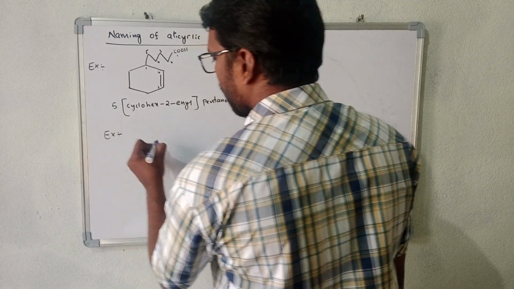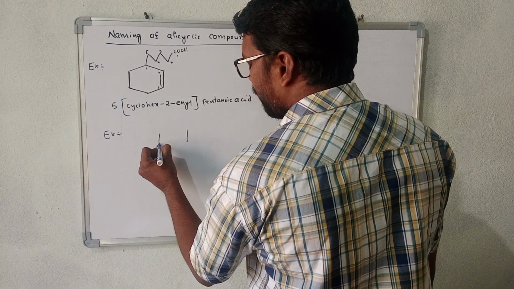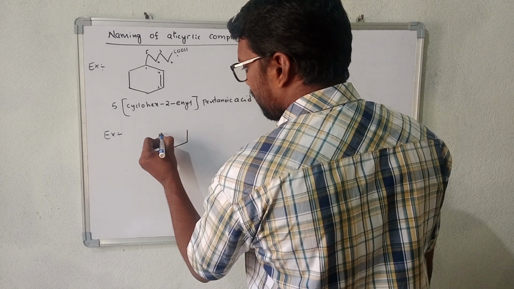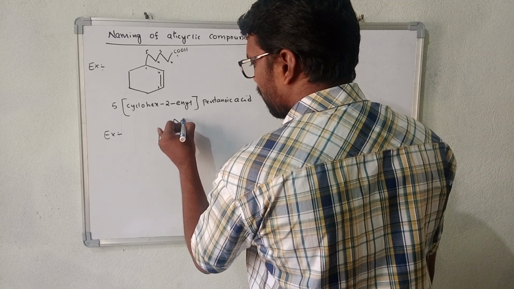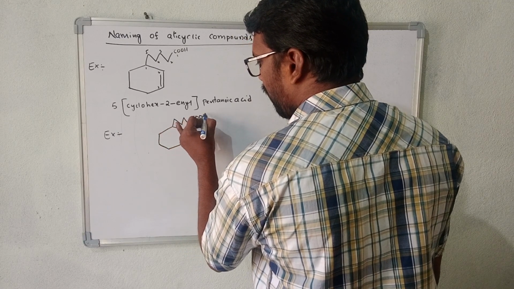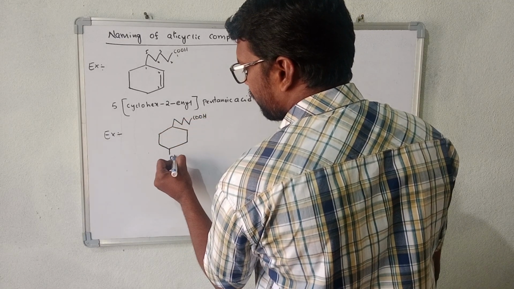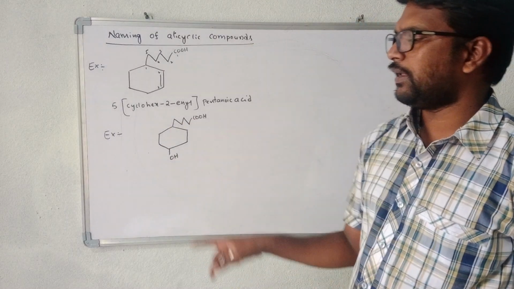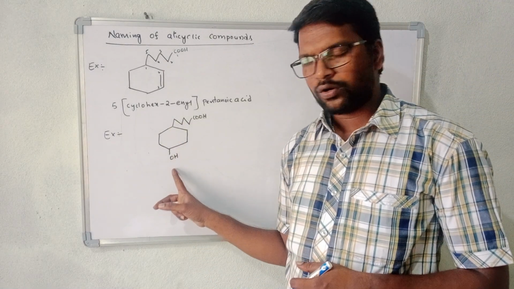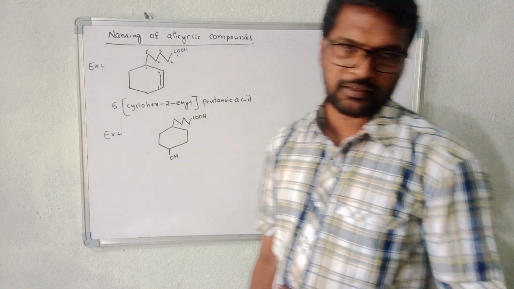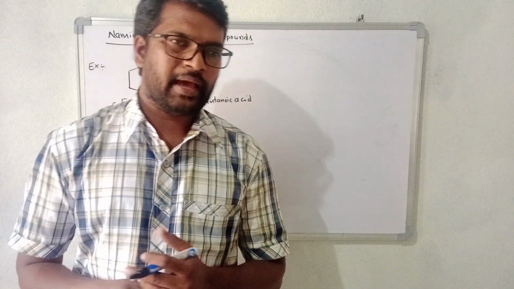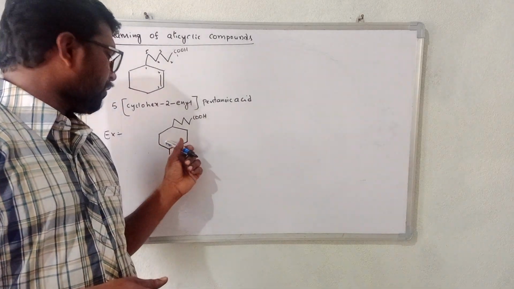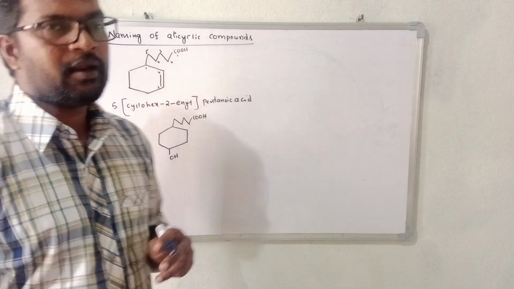Within this example, I take 6 carbons in a ring like this. In this condition, the ring contains a functional group and the side chain also contains a functional group. That means two functional groups are present, so which do you take in priority: the functional group on the ring or on the side chain?